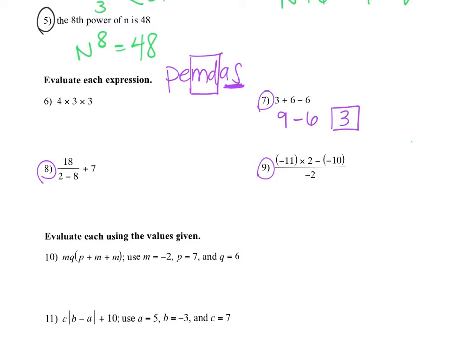And some of you may say, well, I could have subtracted 6 minus 6 first and then added the 3. And that's true in this case. But in general, we are going to add and subtract in order from left to right.